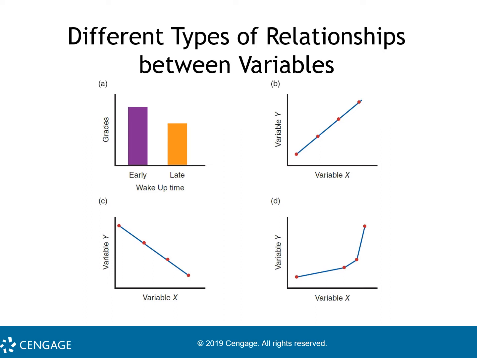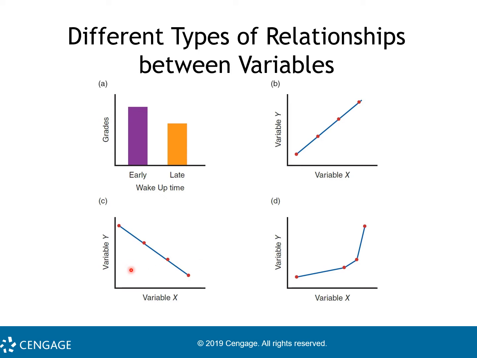Graph B shows a linear relationship between the variables x and y, and it's positive. People who score low on variable x also score low on variable y. People who score high on variable x also score high on variable y. So this is a positive linear relationship.